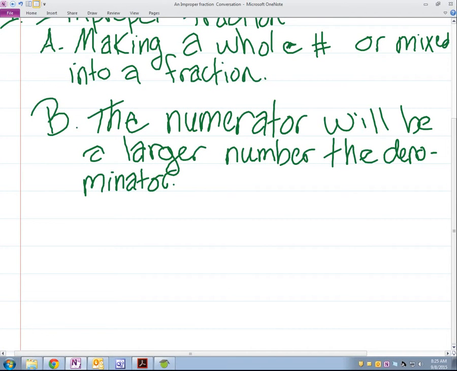I'm the denominator. As long as you know that that's not like a wolf's den or something like that, yeah.